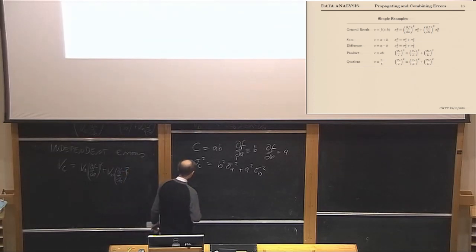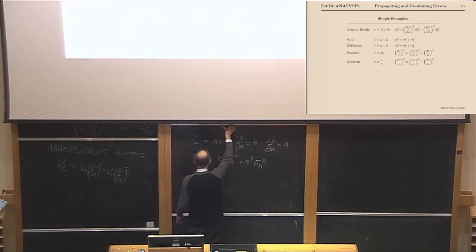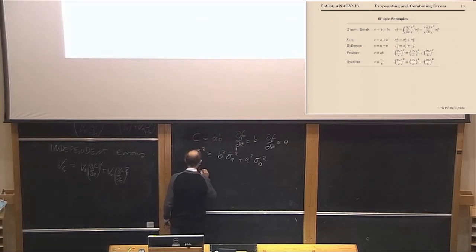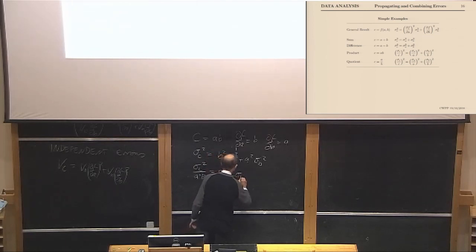If I divide both sides by A squared B squared, I get sigma C squared over A squared B squared is sigma A squared over A squared plus sigma B squared over B squared.